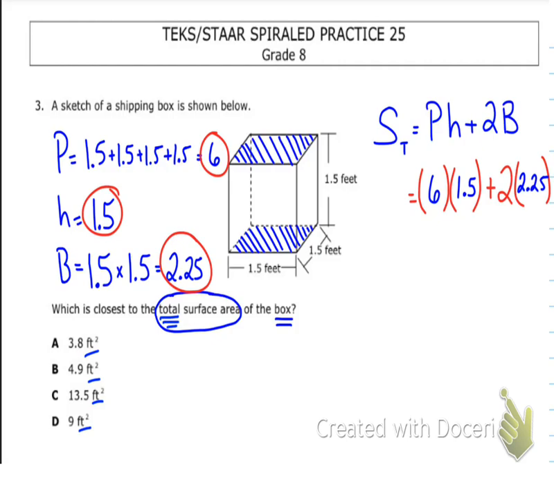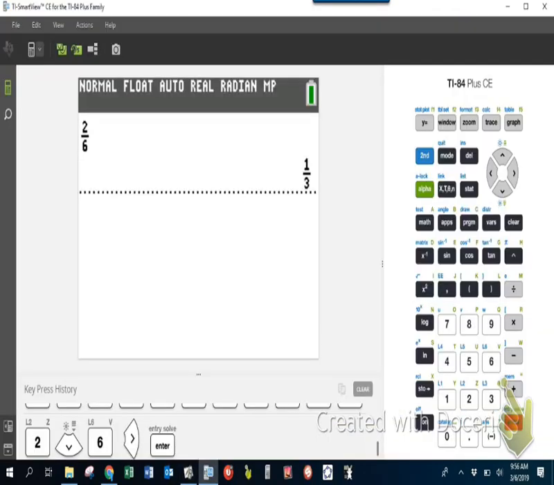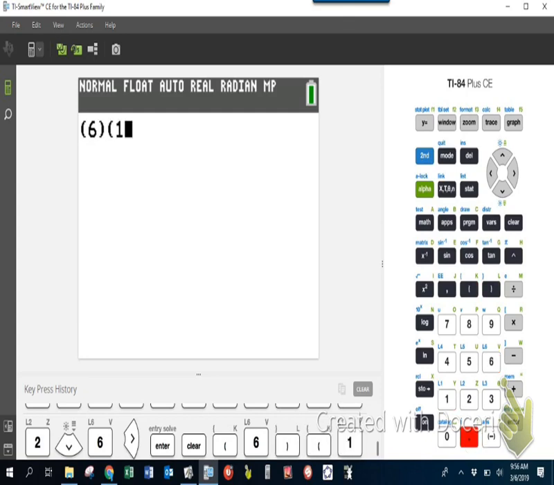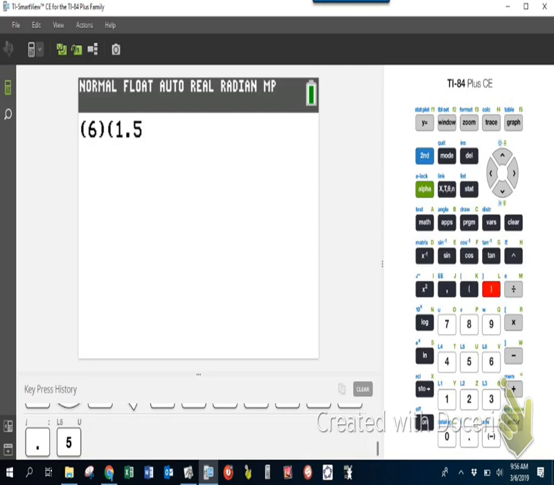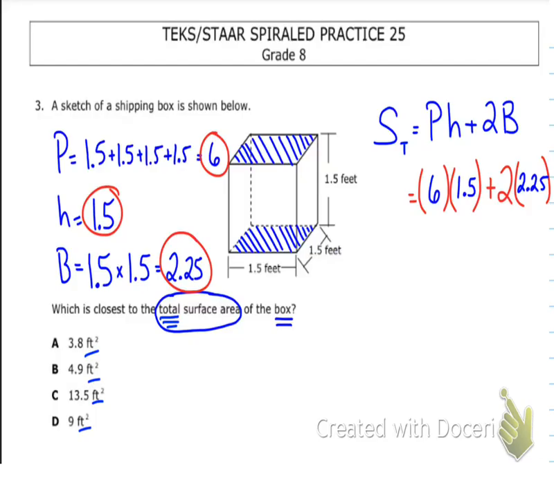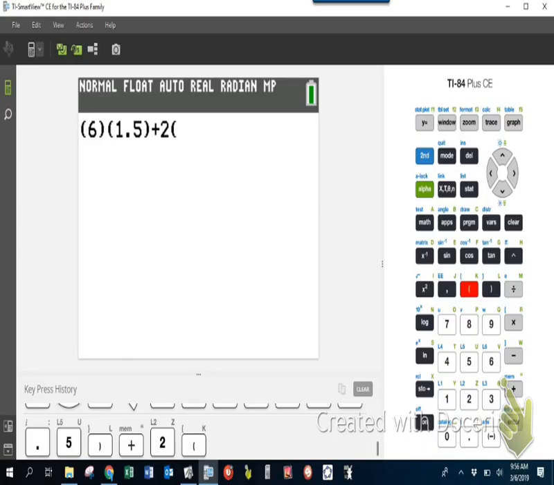So let's plug this into our calculator. Let's see if I remember it correctly. It is 6 times 1.5 plus 2 times, I need to go back and check, 2 plus 2.25, so 2.25.